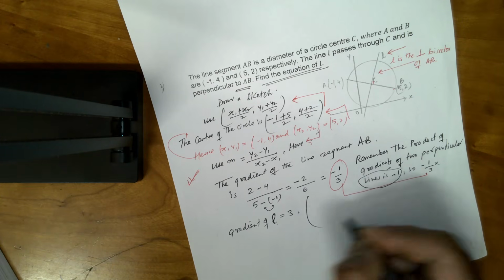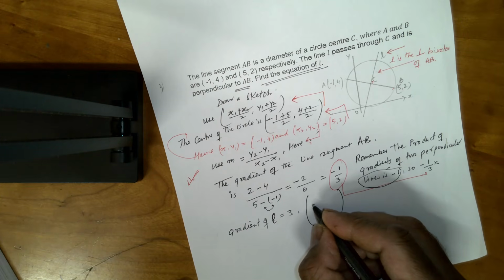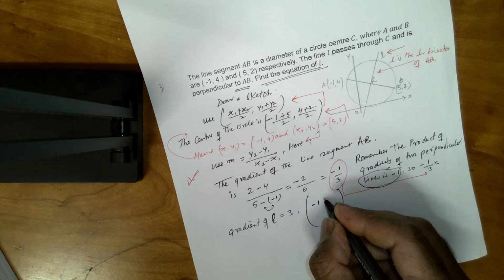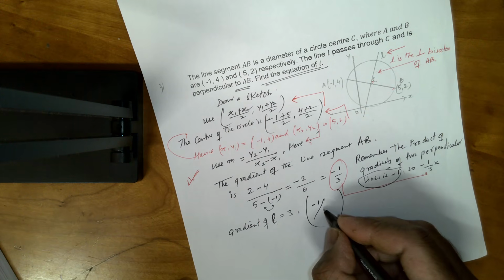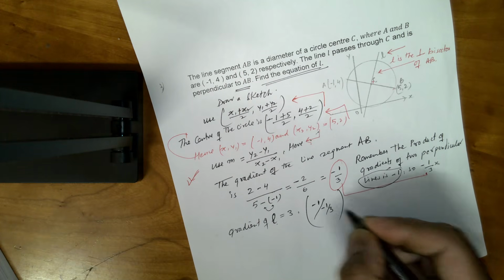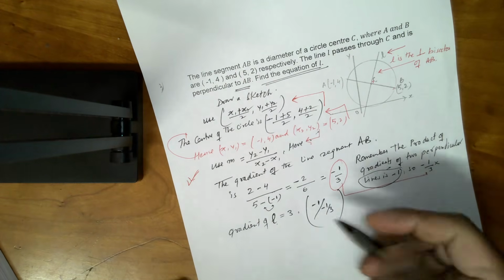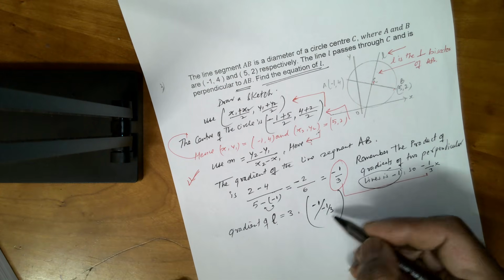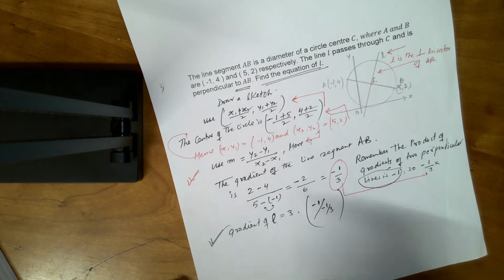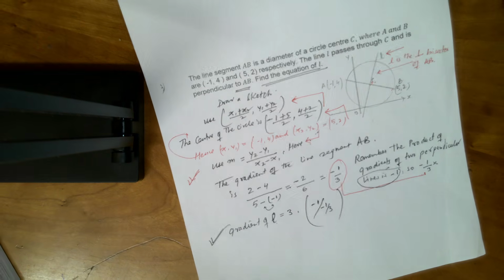So I can put down here minus 1 over M, and M here is minus 1 by 3. When you solve this, the minus cancels out, and that will give you 3. So this is where we got that from.